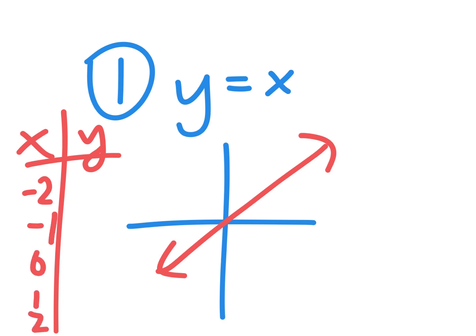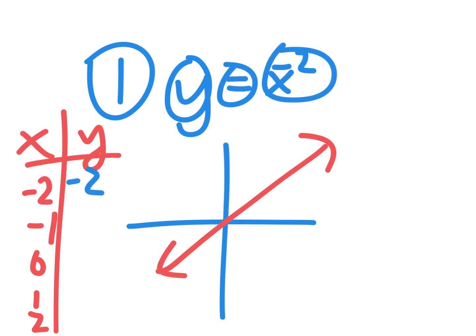Unless they don't need that many, in which case I would just start with -1. But if they want 5 points, those are the logical ones. And when you stick in -2, you're saying y equals -2. And when you stick in x is -1, you're saying y equals -1. And there we go. And just make a list of them. 0 and 1 and 2.